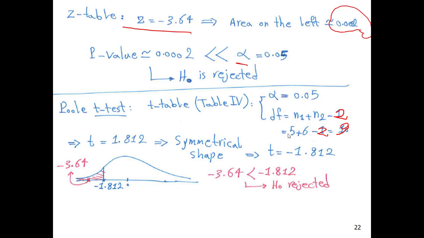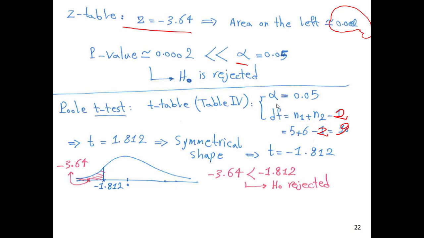So then for the t-test, we go to the t-table, for degree of freedom 9 and alpha 0.05. The area on the left, because it's the left tail, and we have to find this area here. So how do we do it?